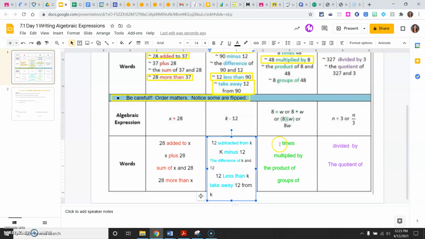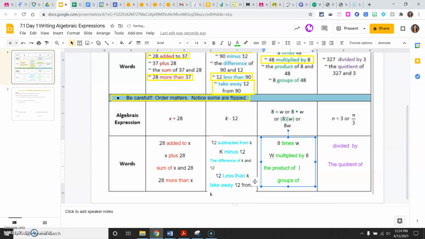All right, let's look at multiplication. Remember, this one only has one flip-flop word. We're going to do 8 times w, because that's what our algebraic expression shows us. We're going to do multiplied by as a flip-flop word, so we're going to do w multiplied by 8.